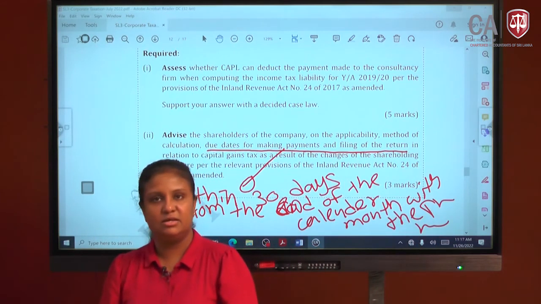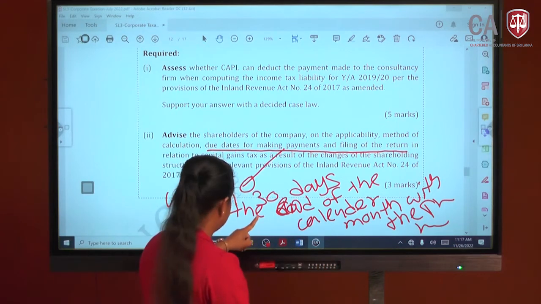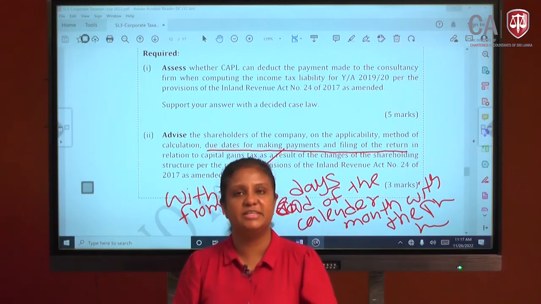Then this is the due date of the payment, within 30 days. Within 30 days of the end of the calendar month in which the transaction has taken place.